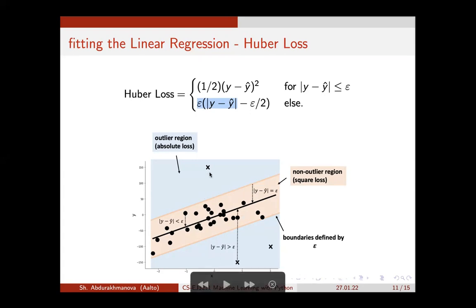For the data points that are considered outliers, which depends on the parameter epsilon, we're going to apply the absolute error, and this is the outlier region. And the result of combining these two parts is a loss function that is more robust to outliers, but which is also easier to optimize.